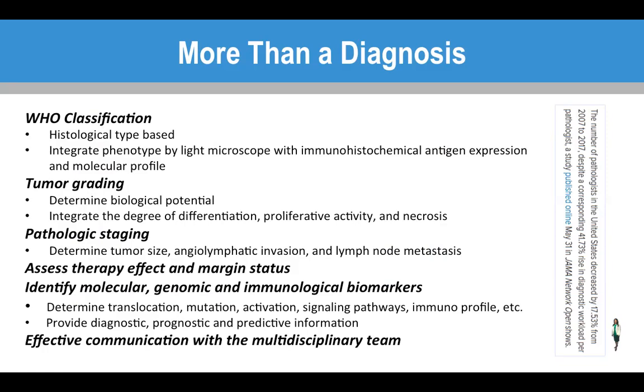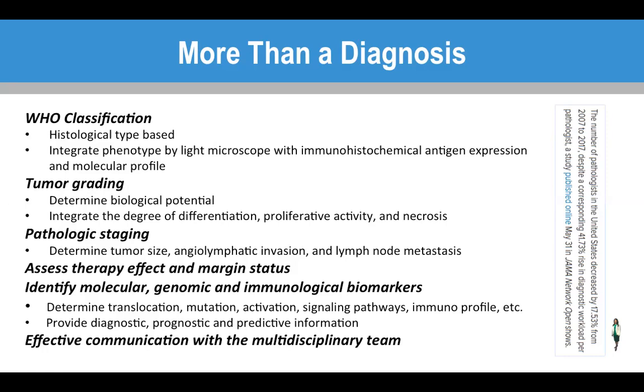When we talk about pathology, we immediately focus on diagnosis. Yes, it's very true for bone tumor. We need to give a diagnosis based on the histological type. At the same time, we need to grade the tumor because the tumor grade determines the biological potential. We also need to do the pathologic staging.